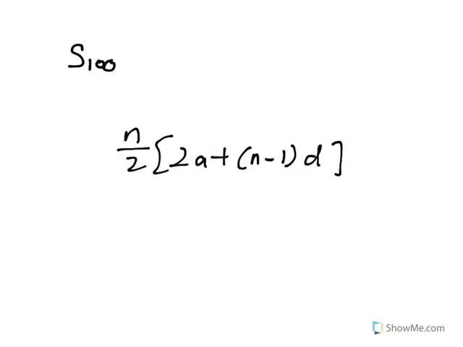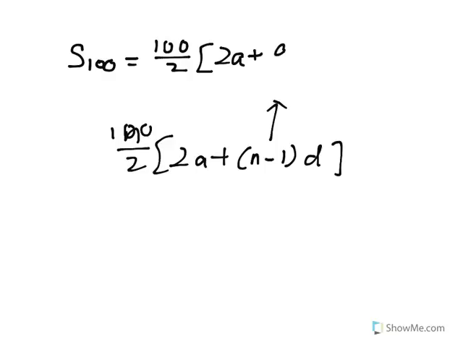We just replace our n here, so this is 100 over 2, times 2a plus, n minus 1 will be 100 minus 1, which gives us 99, together with d. The purpose of this is to form two equations in terms of a and d, and solve them simultaneously.